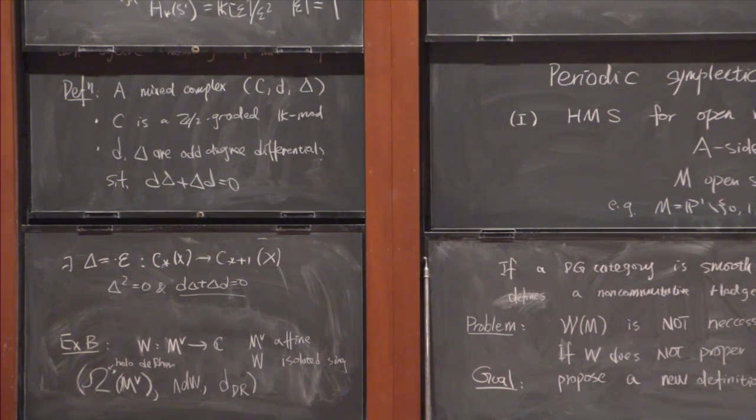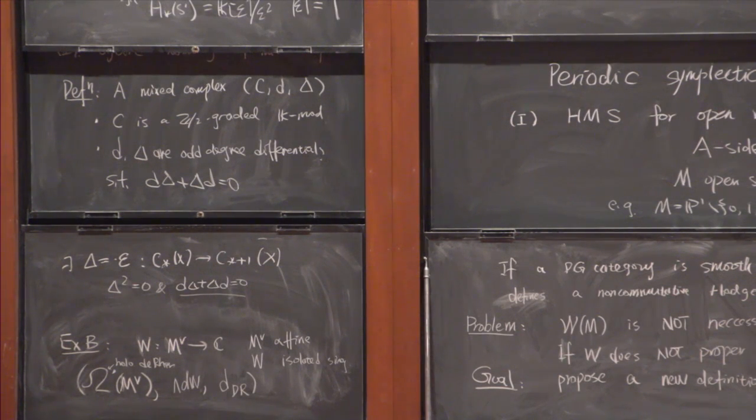What this means is I'm taking formal power series in U with coefficient in this chain complex.